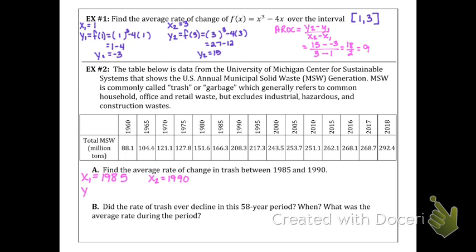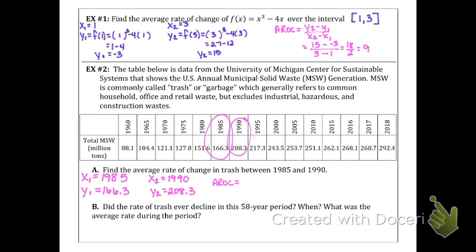All right, so I can see the y values by looking at my table. In 1985, its y value is 166.3. So that's going to be my y1. In 1990, its y value is going to be 208.3, so that's going to be my y2. And then we're just looking for that average rate of change.